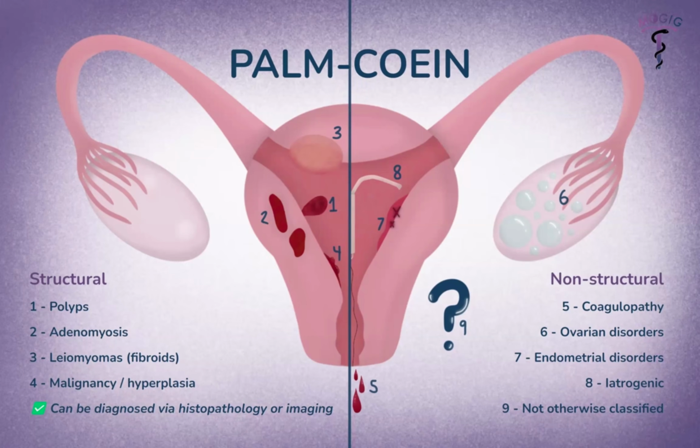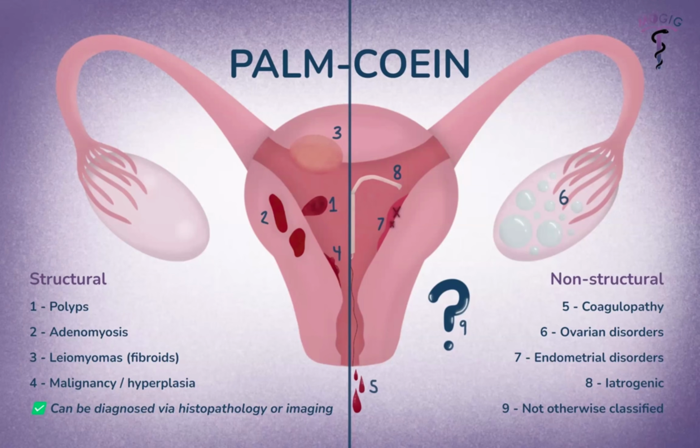We also worry, obviously, about our red flag of malignancy or hyperplasia, particularly endometrial cancer, which is common in postmenopausal women who have abnormal uterine bleeding after they've ceased menstruating.